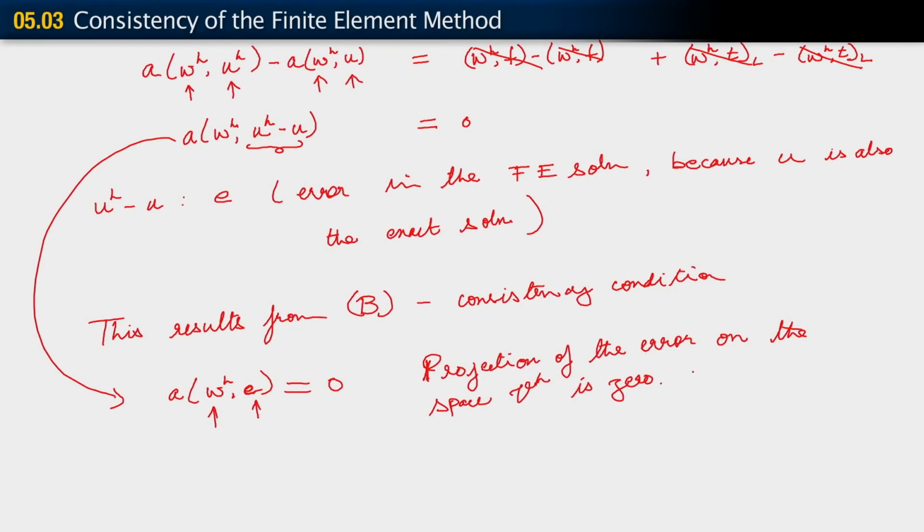Okay? Right? So it's saying that, in some sense, the error is orthogonal to VH.